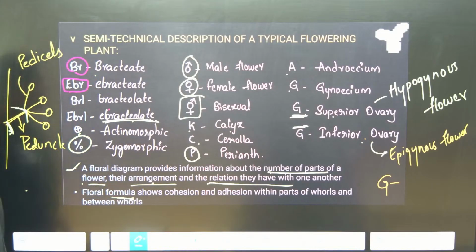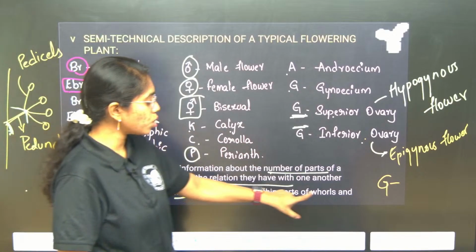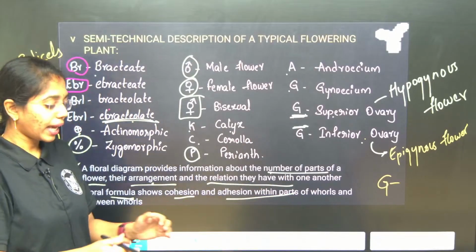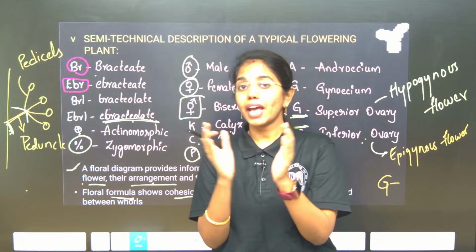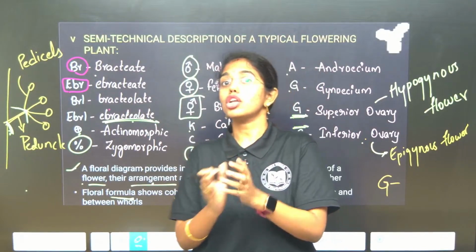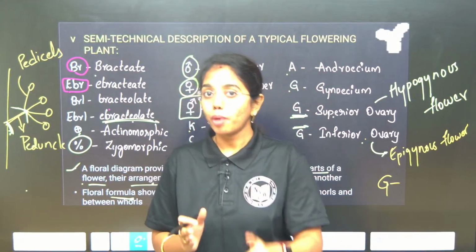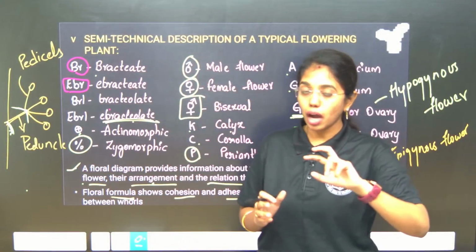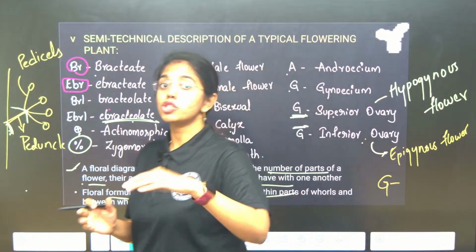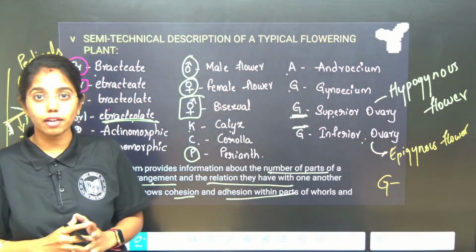And then floral formula. What does floral formula indicate? Floral formula also shows you cohesion and adhesion within the parts of the whorl, whether they are showing gamosepalous, gamopetalous, or polysepalous, polypetalous condition, and how many bundles of stamens, monadelphous, diadelphous or polyadelphous condition.